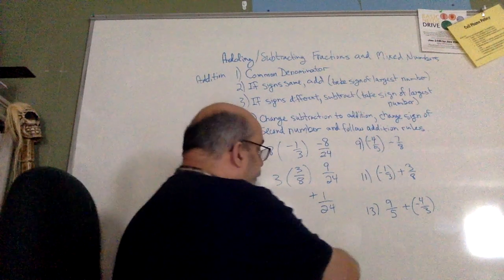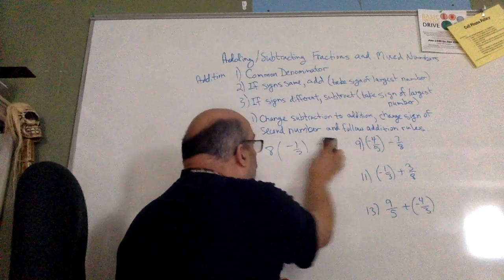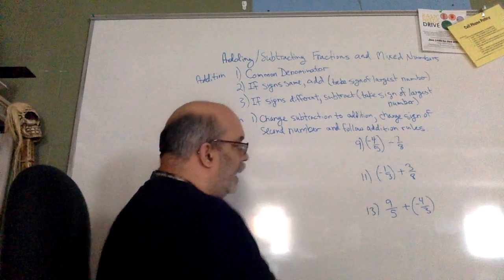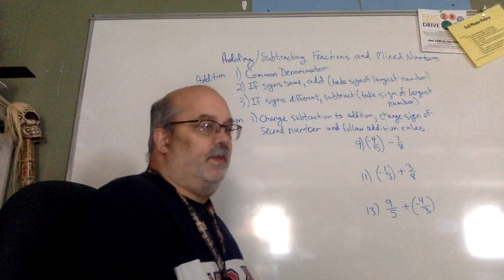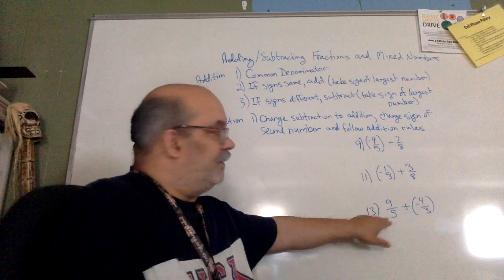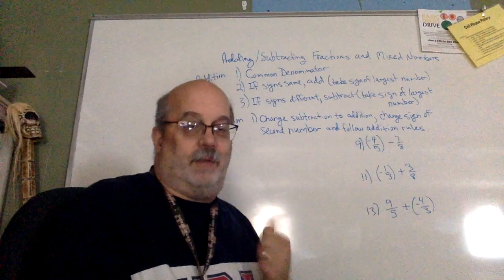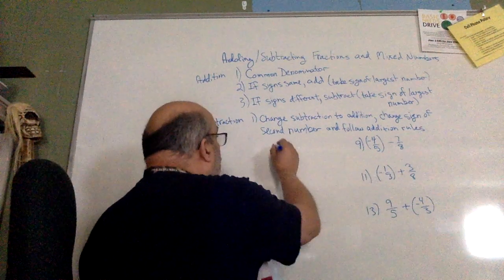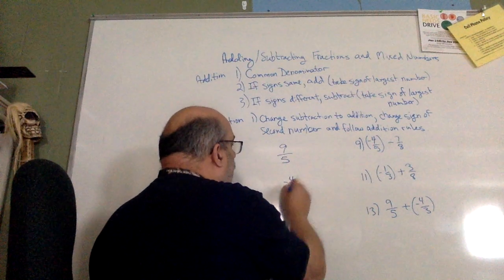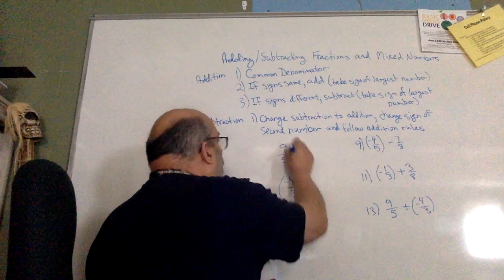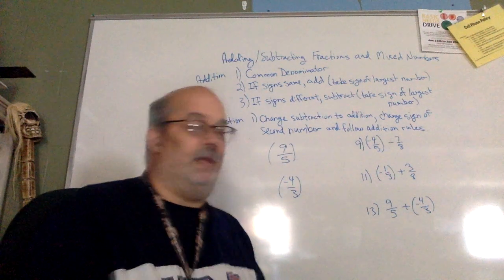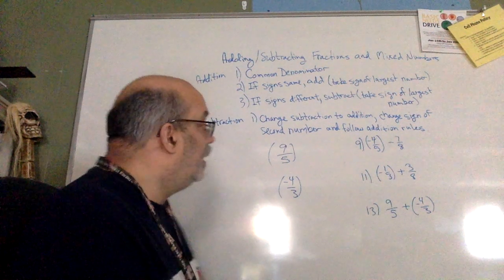Next problem. 9/5 plus -4/3. It's an addition. 5 and 3 are not common, so we need a common denominator, because that's the proper term.